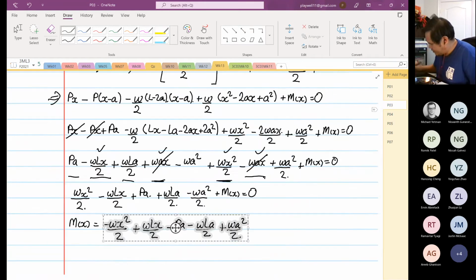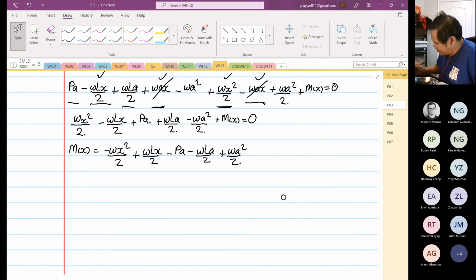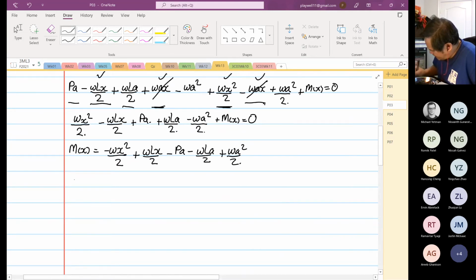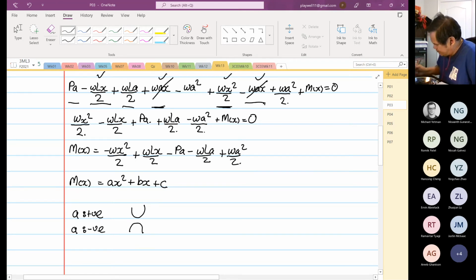So coming back to over here, if I'm going to write an expression of M as a function of x as ax squared plus bx plus c, when a is positive, you have a smiling face. When a is negative, you have a what? Sad face. Okay.